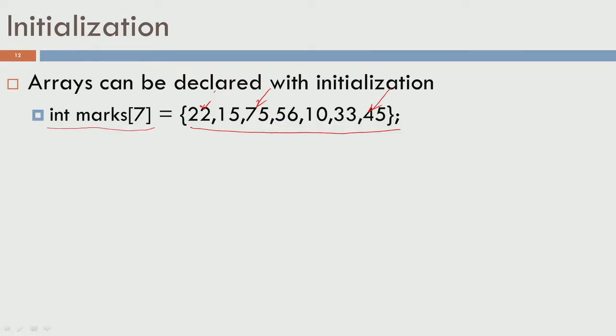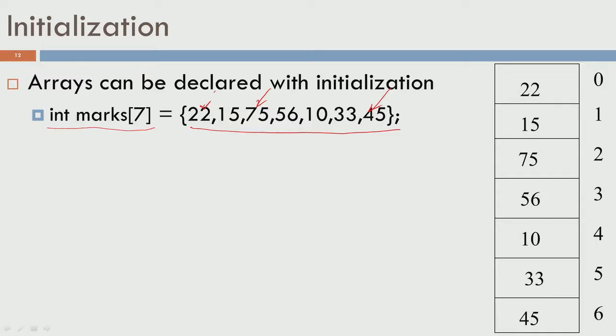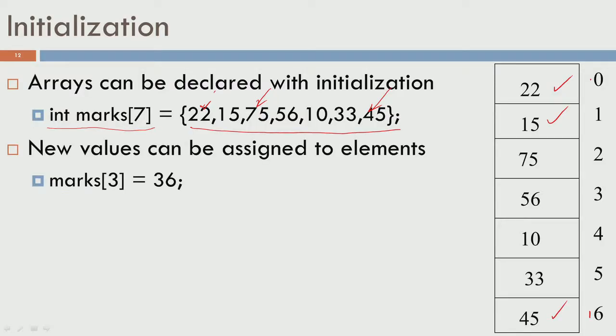The locations on the left side can be seen as 0 to 6 and the values can be seen from left to right, so you get a one to one mapping from the left side to the right side. Locations 0 to 6 have values 22 for 0, 15 for 1, and so on till 45 for marks of 6.